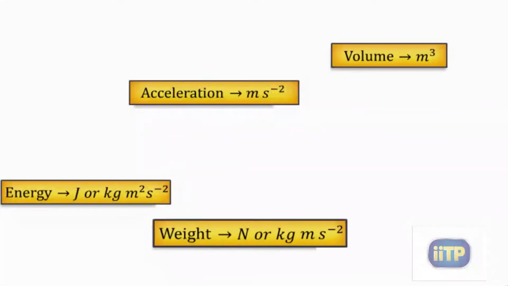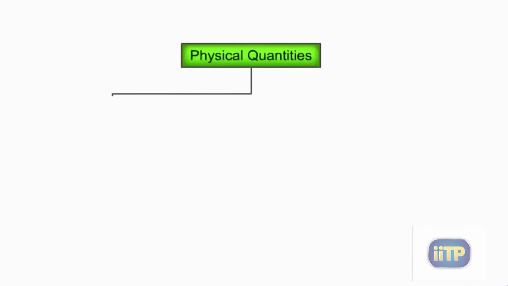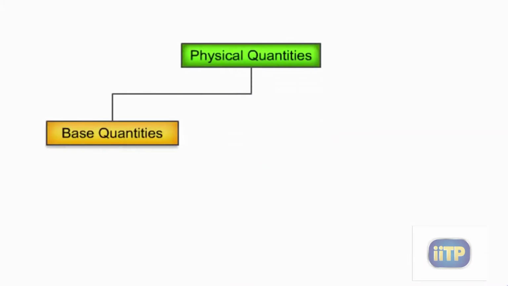In physics, we deal with many physical quantities and their units. However, very few basic units are required to express these physical quantities. Most physical quantities are expressed in terms of some base quantities. These base quantities are referred to as fundamental quantities.